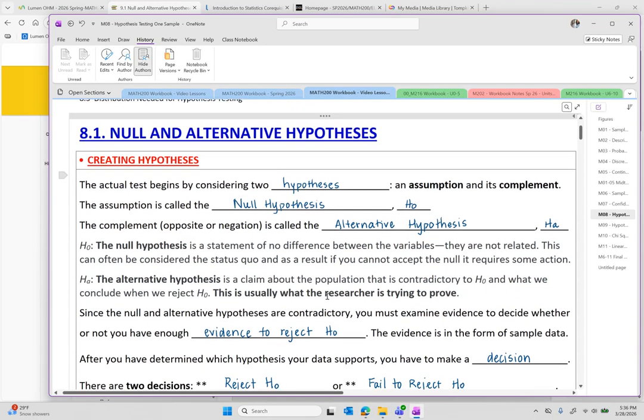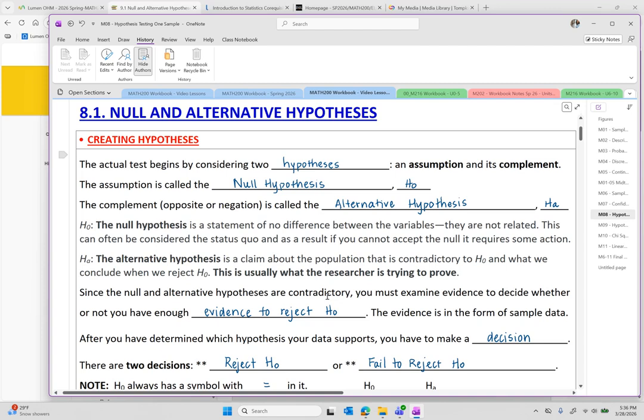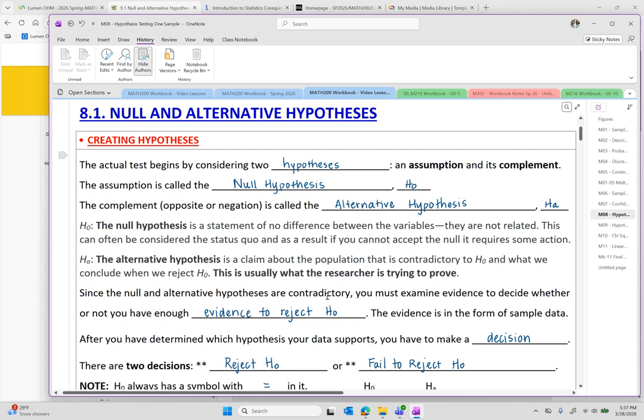The actual test that you will be doing will begin by considering two hypotheses: the assumption and the complement, or the negation, of that assumption. The assumption is called the null hypothesis and the symbol is H sub 0.